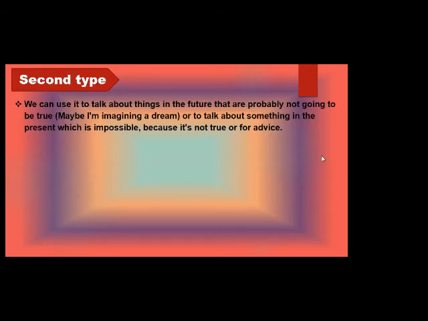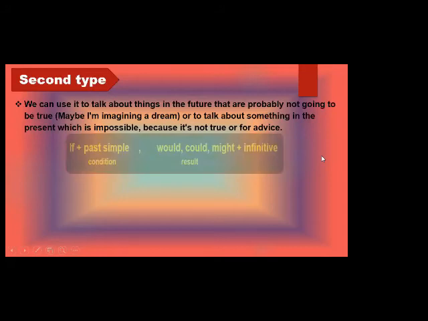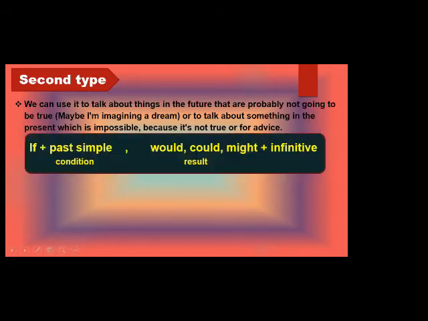What about the form? If plus past simple. Because it can't happen in the present or in the future, we go one step back. We are in the present, so one step back is the past simple. So in the condition, past simple, and the result would, could, or might plus the infinitive verb.